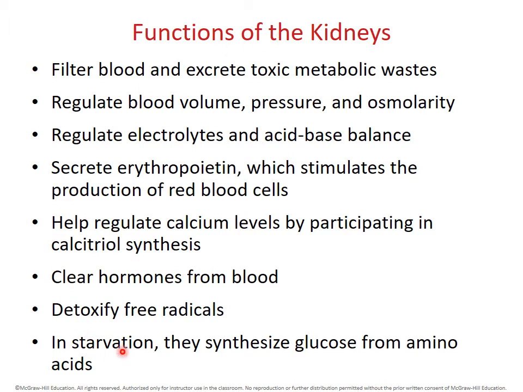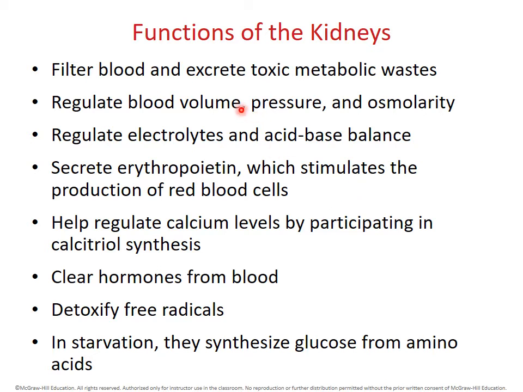The kidneys do play a role in detoxifying damaging free radicals that can cause oxidation and damage to tissues. And then, as you see here, in extreme conditions, specifically starvation, the kidneys can convert amino acids in the blood to glucose to use as a fuel molecule. So they are doing quite a bit for us.